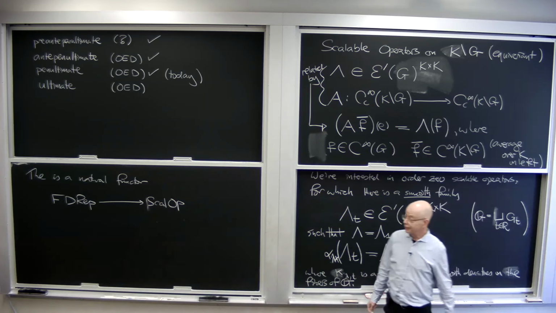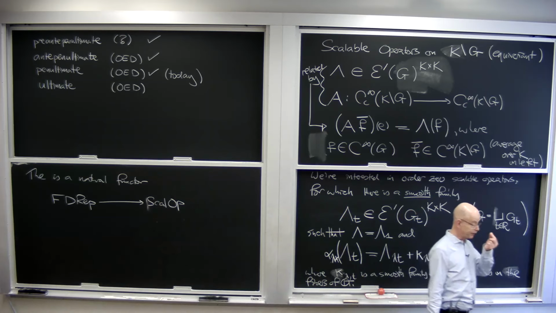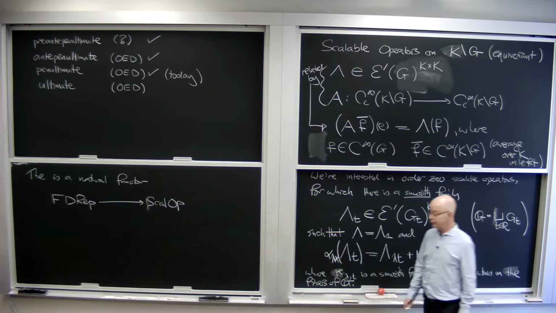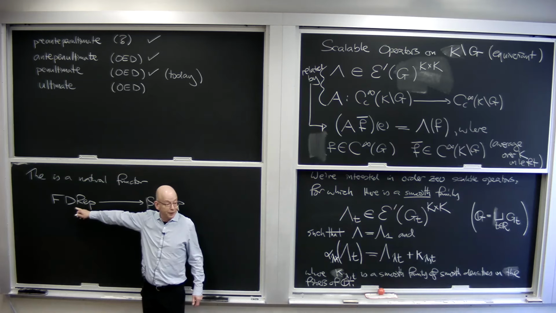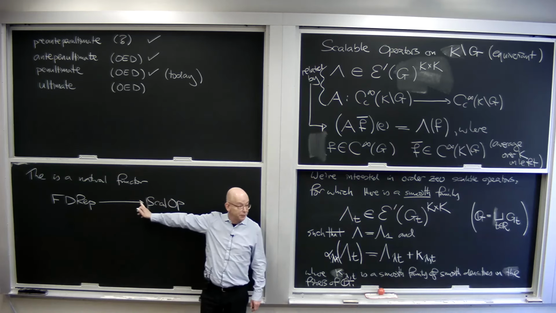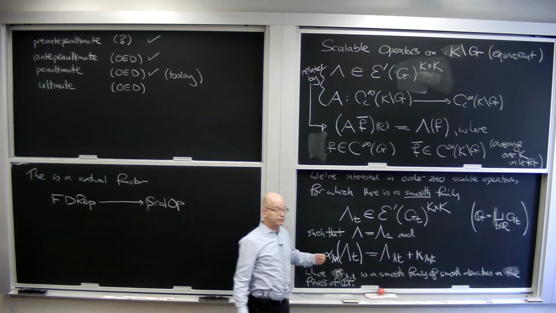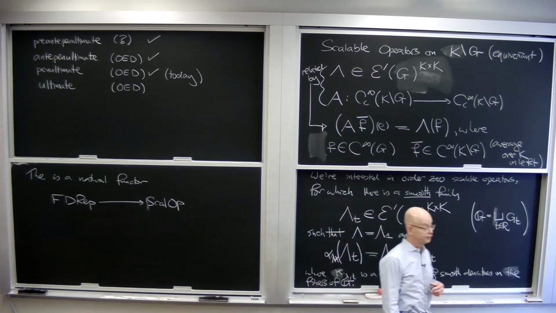What is it? Well, if you have a finite dimensional unitary representation, what are the objects of this category? They are the finite dimensional unitary representations. That's the same as the objects of this category. So what the functor is on objects is obvious. It just sends V to V.